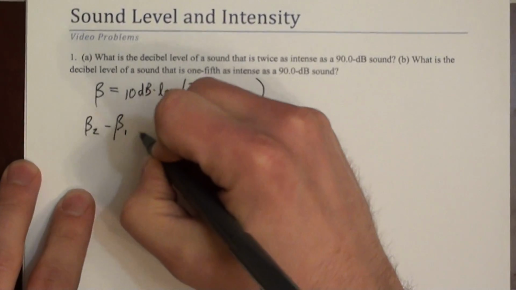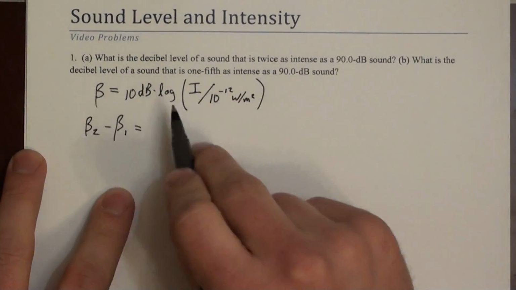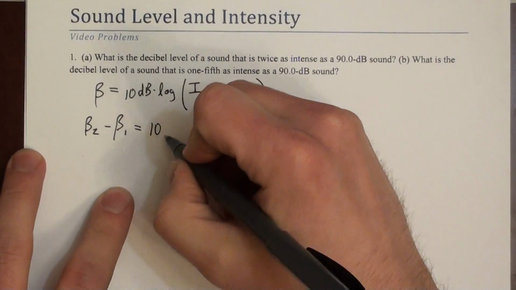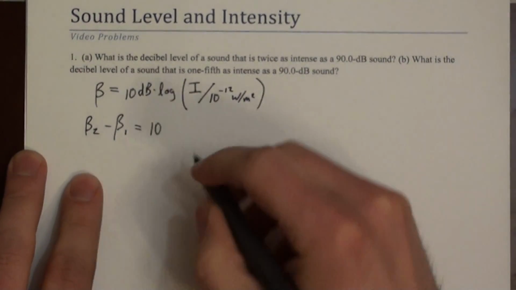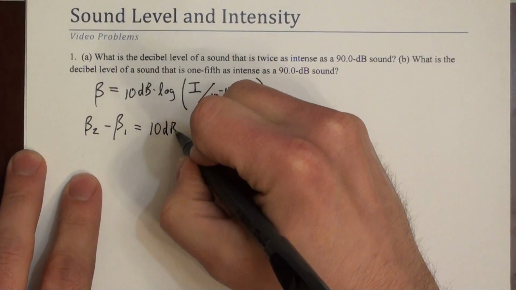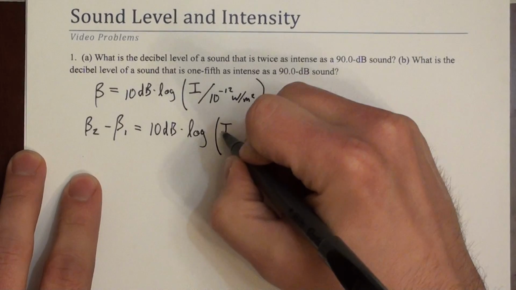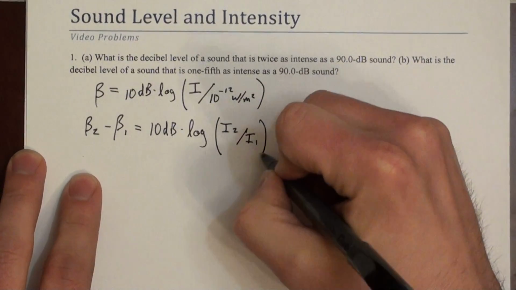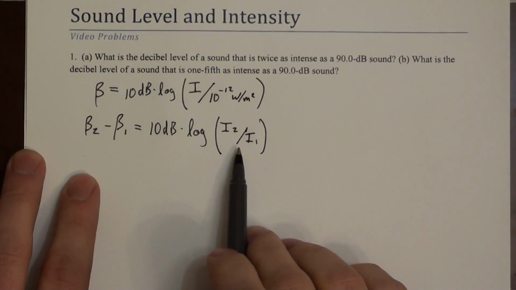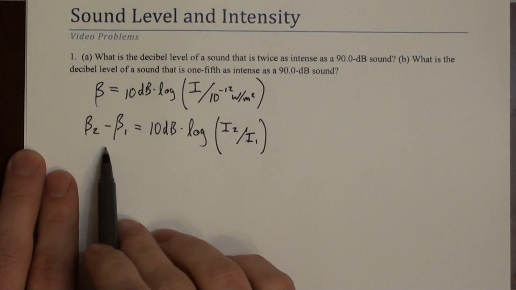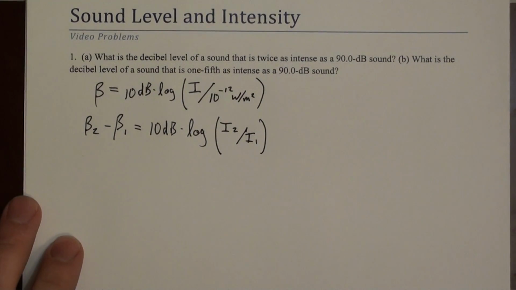If we take the difference of two sound levels, we can play with the logarithms and come up with this equation: the difference in the two sound levels, beta 2 minus beta 1, is 10 decibels times a log base 10 of the ratio of the intensities. That's the magic of logarithms, that it can take a division problem and make it a subtraction problem. That's the way that slide rules work.